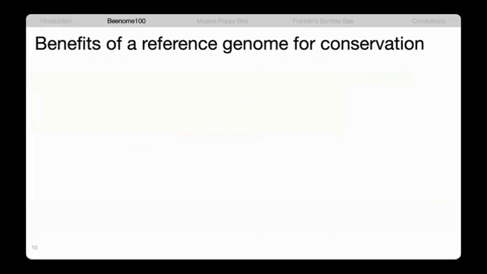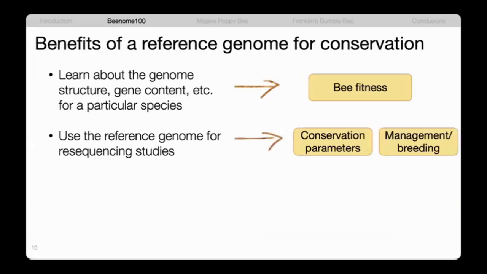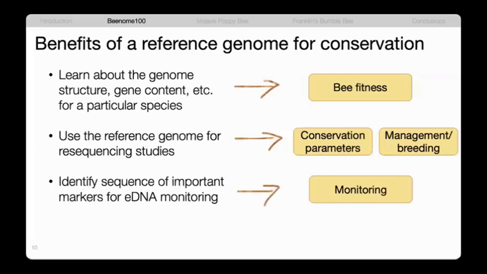Of course, when undertaking this immense effort to sequence genomes, we have to ask how a reference genome itself could aid conservation-related goals. So we can learn about the genome structure, the gene content, and other characteristics for a particular species, and this tells us about bee fitness. We can use the reference genome for resequencing studies, which again can give us those essential conservation parameters as well as be used for management and breeding.